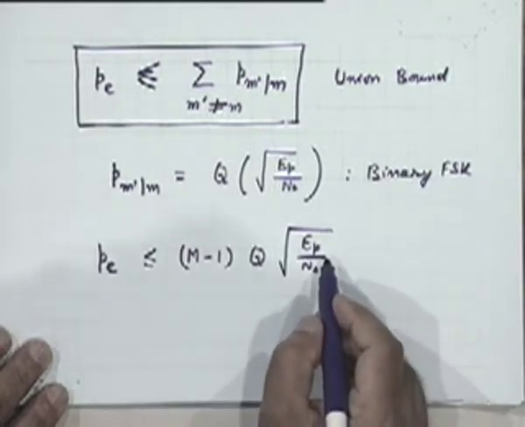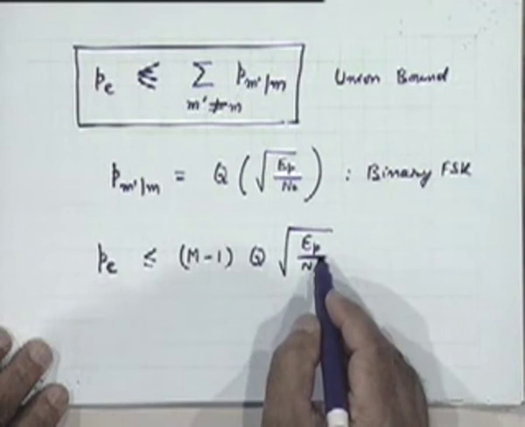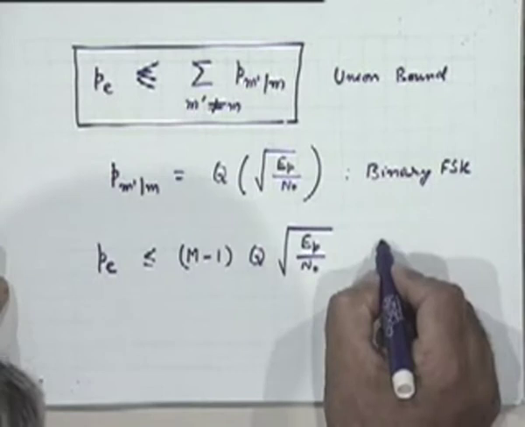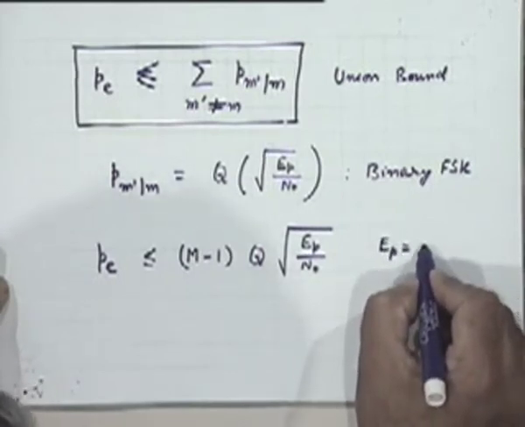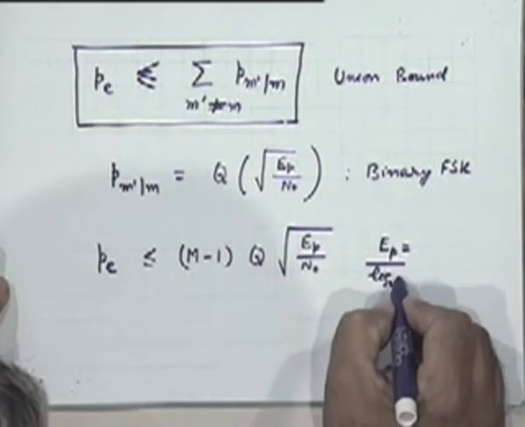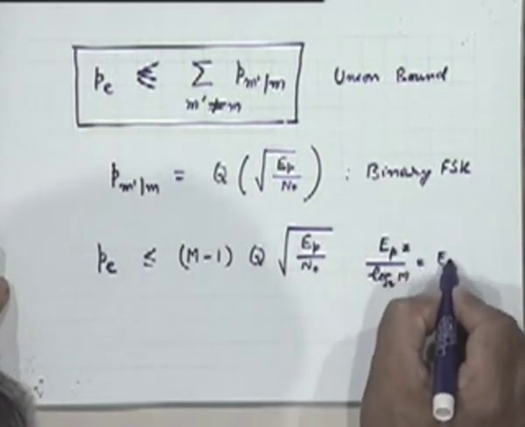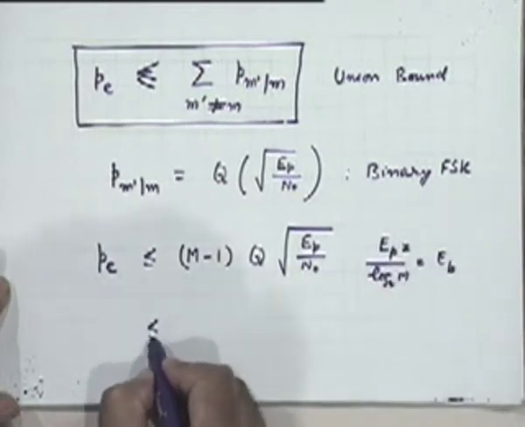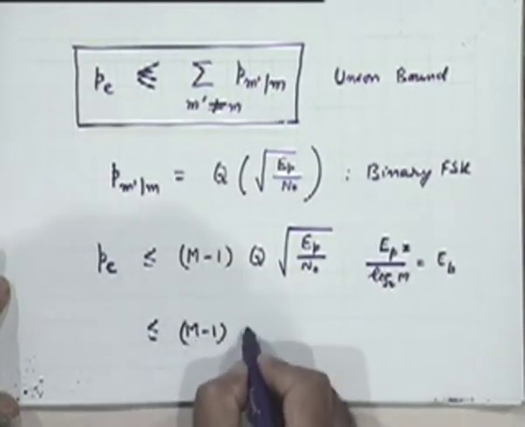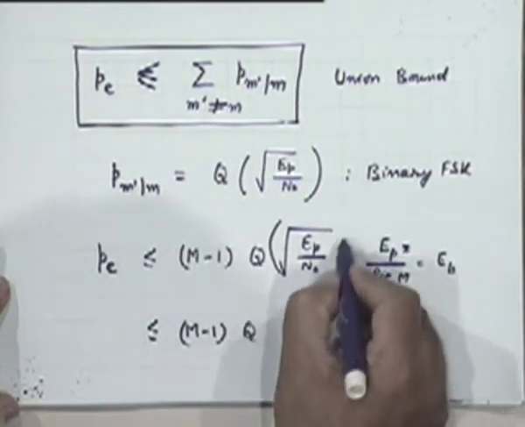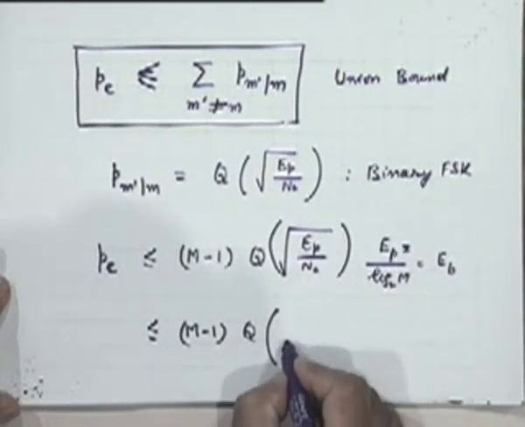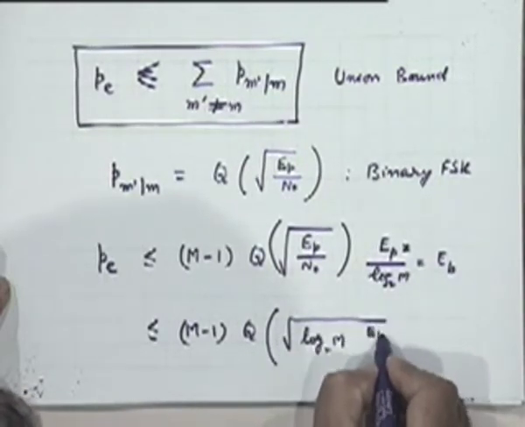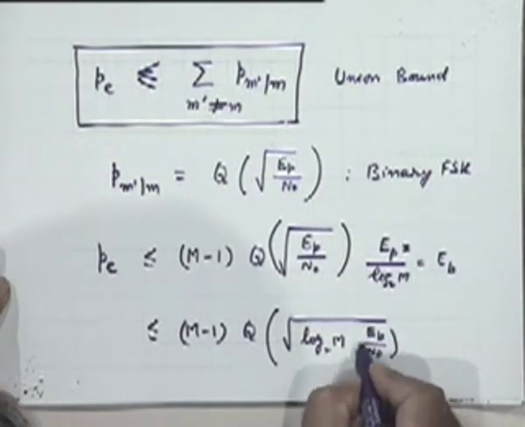You would like to express this in terms of average bit energy. Now we know that E_P by log 2 M is your E sub B, right? So E sub B can be substituted by that, and this result becomes M minus 1 times, in brackets, log 2 M E sub B by N0.